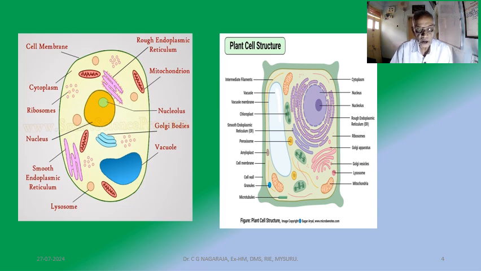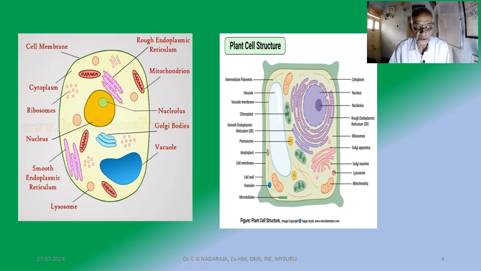So you should try to understand that all living beings, plants and animals, have cells, each of which has an identity. Some of the parts, some of the organelles as they are called, are similar, some are different, but the basic functions will be the same.